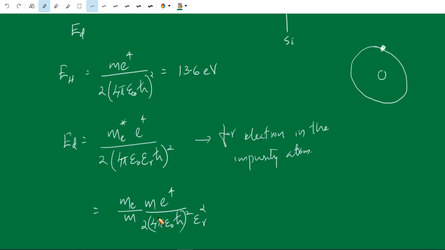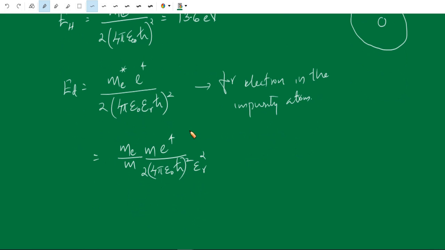So this thing is the ionization potential of hydrogen. So this is equal to me star divided by m, divided by epsilon r square, into 13.6 electron volt.